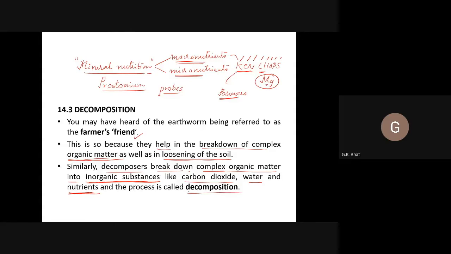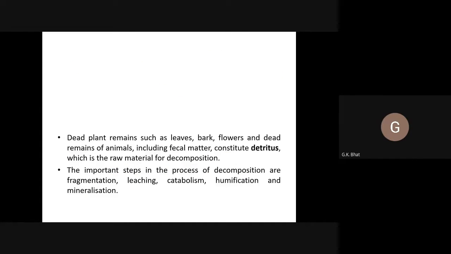And the process is called decomposition. Every time any organism dies, the body undergoes decomposition. Dead plant remains, that is the body of the plant after death, such as leaves, bark, flowers, and dead remains of animals, including fecal matter, constitute detritus.